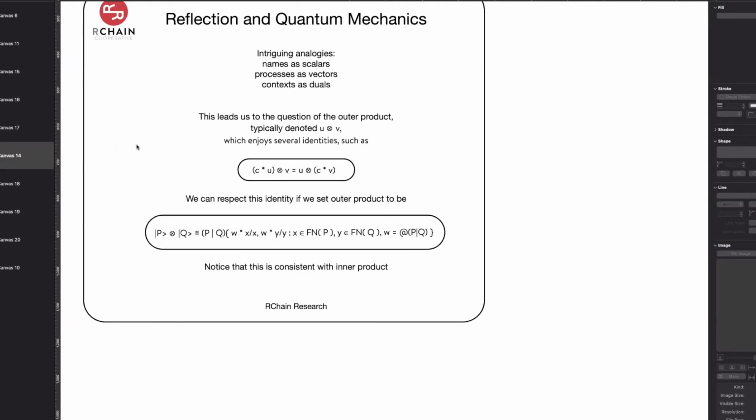And it allows us to define an outer product that is consistent with the inner product. So all of this makes it clear that the rho-calculus matches the sort of linear algebra that you need to interpret quantum mechanics, with one exception.